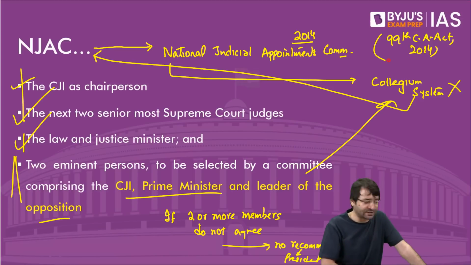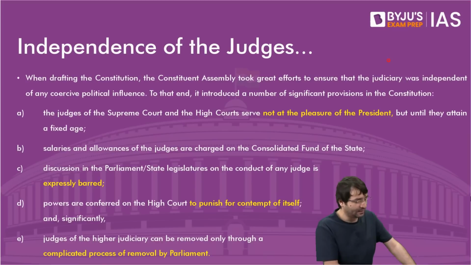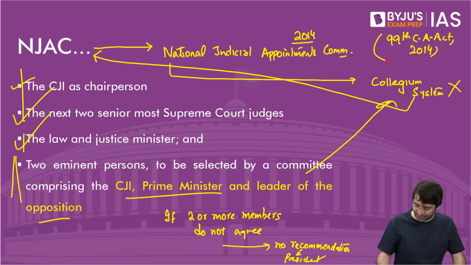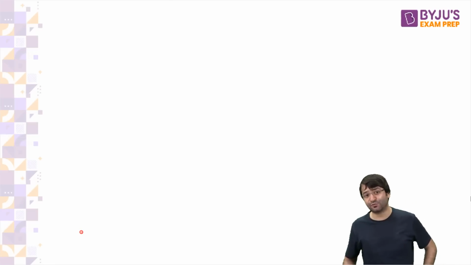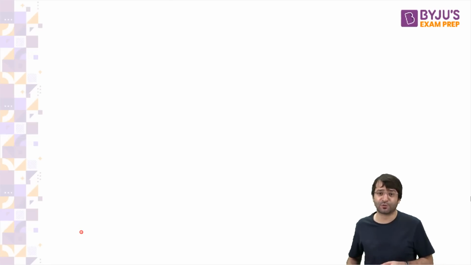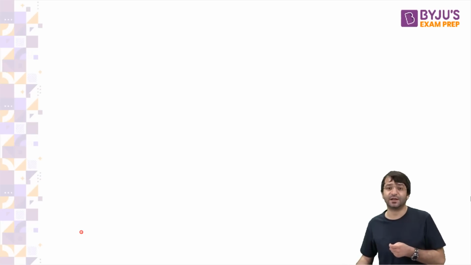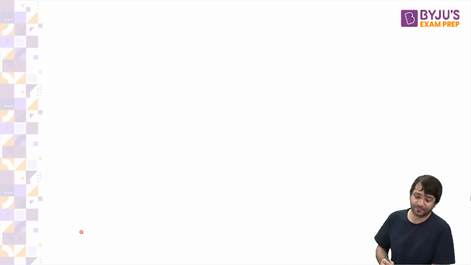But even after it was ratified, this NJAC was challenged before the court. And now we have the same lawyer who challenged the judicial process, who challenged the appointment process in 1993, in 1998, now in 2015, Fali S. Nariman.